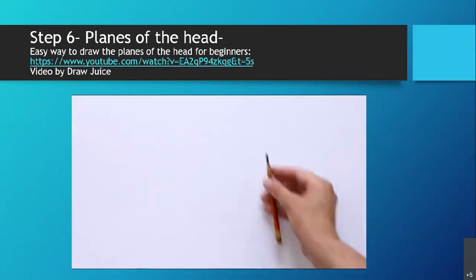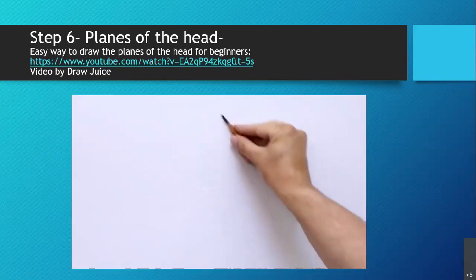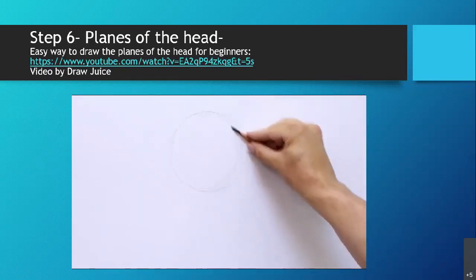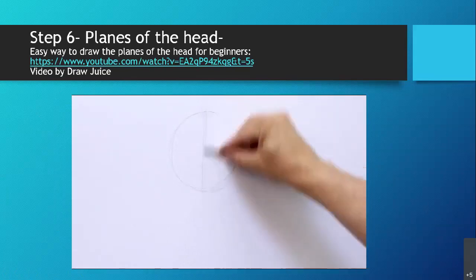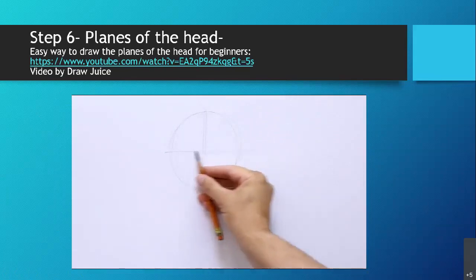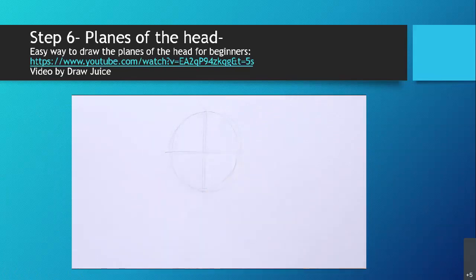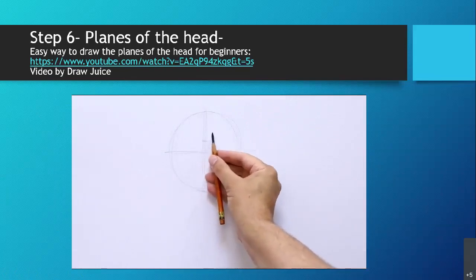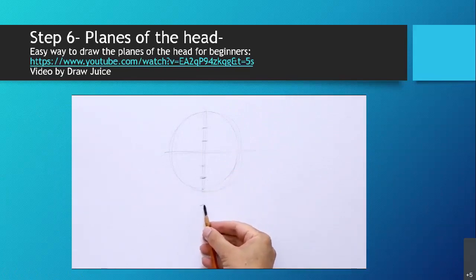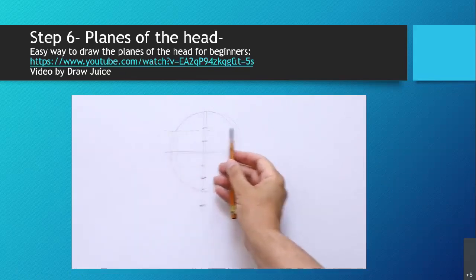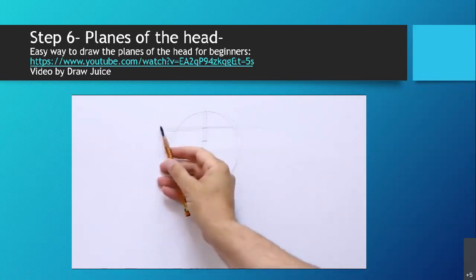All right, the very first thing we'll do is draw a circle. And then we're going to bisect that circle vertically and horizontally. That means cut it in half. And then we're going to divide the top half into thirds and the bottom half into thirds. And then we'll add one more third at the bottom. This top third is the hairline.